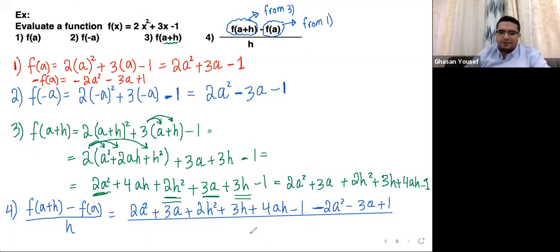We can simplify it more here. Look, the 1 goes with this one because minus 1 plus 1 is 0. Minus 3a with the 3a is 0. And minus 2a square with the 2a square is 0. The only thing left here is 2h square plus 3h plus 4ah over h.